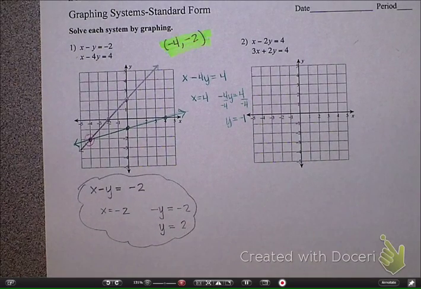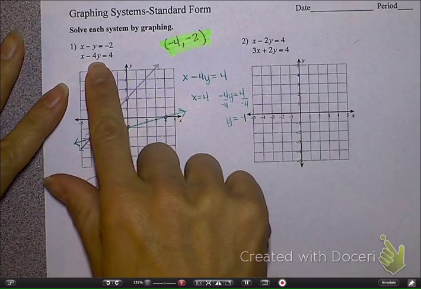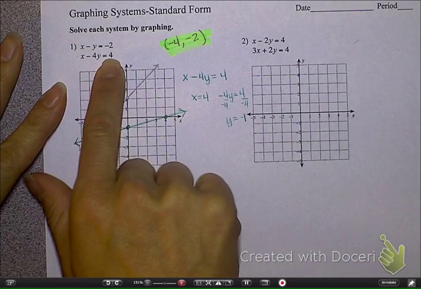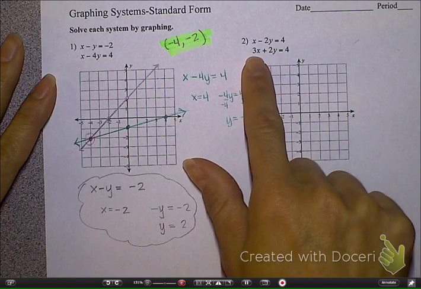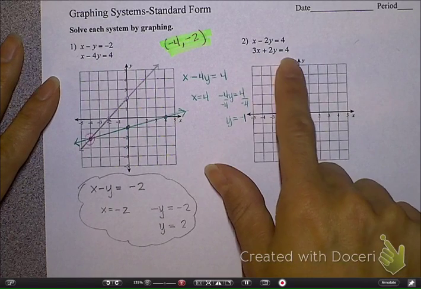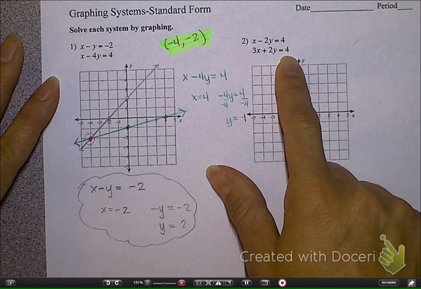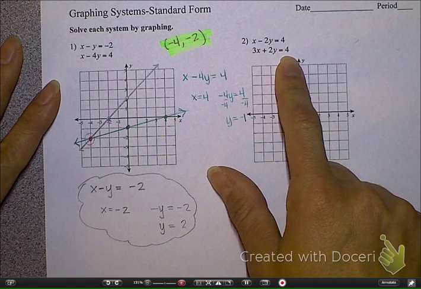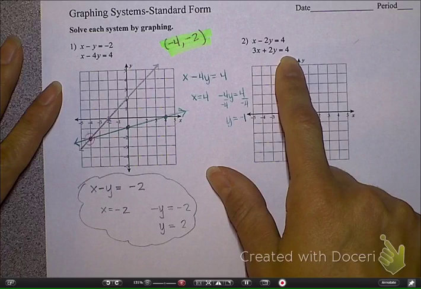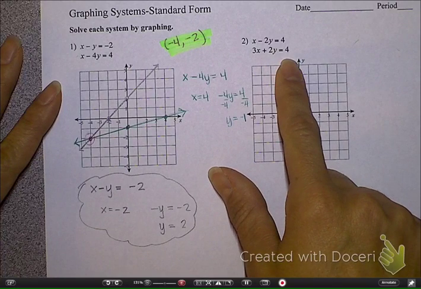The cover and solve method works really well as long as this number goes into this number evenly. But what happens when one of these numbers doesn't go into the number over here very easily? I get a fraction, and I can estimate where that fraction is to help me graph. Or I can just take that equation and solve it for y.